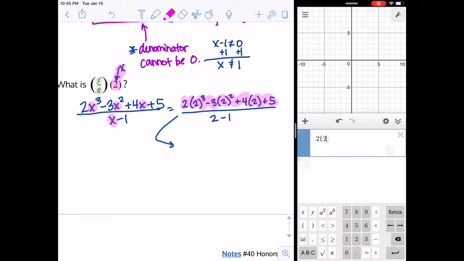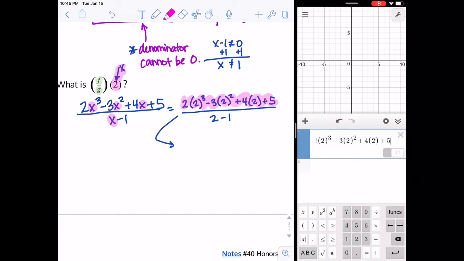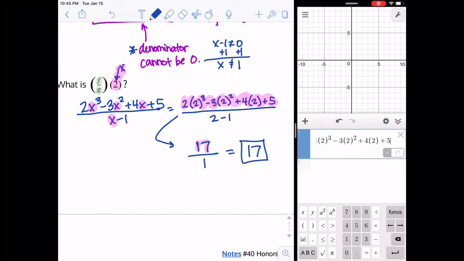So 2 times 2 to the power of 3 minus 3 times 2 to the power of 2 plus 4 times 2 plus 5. It tells me that the top is equal to 17. Equal to 17 over, and then 2 minus 1 would just be 1. So I know 17 divided by 1 is just 17.